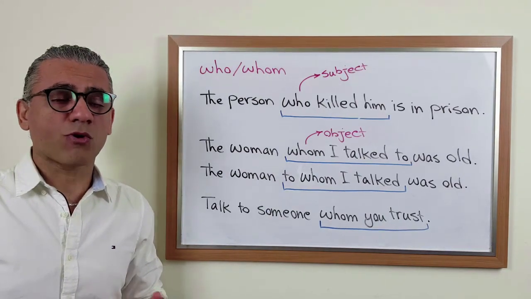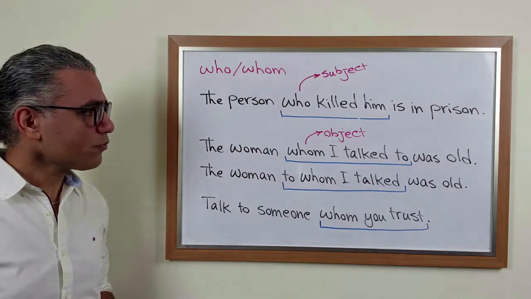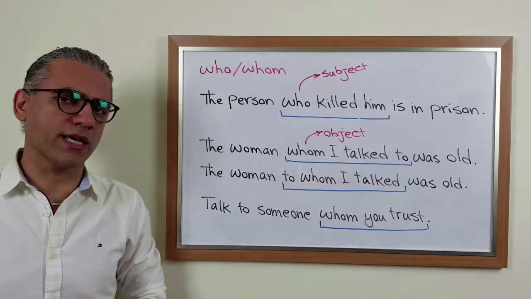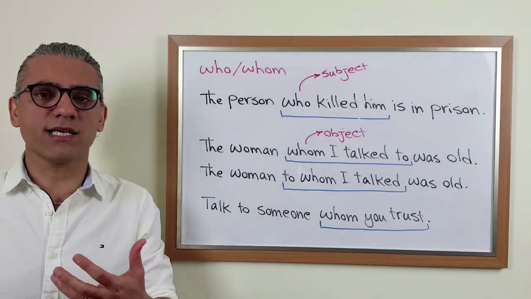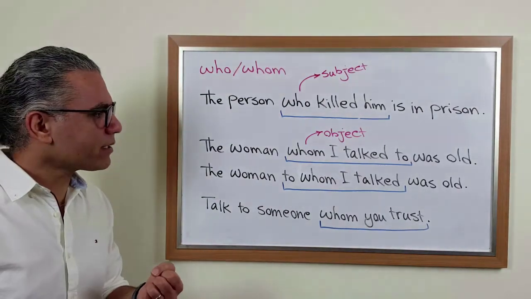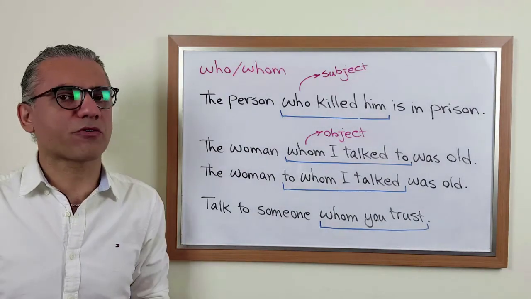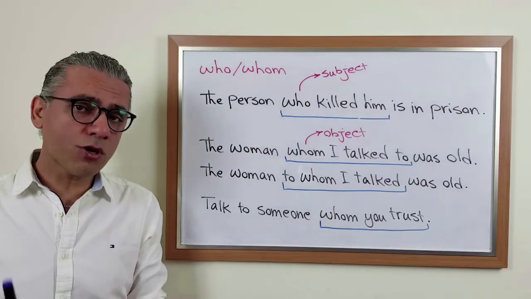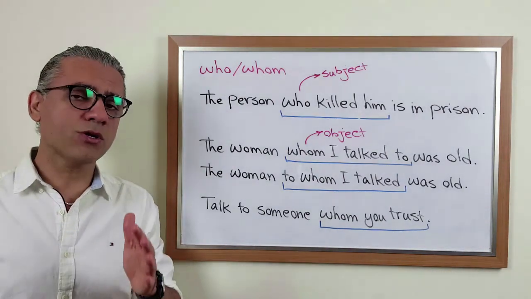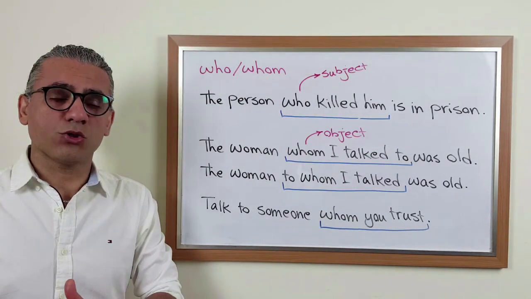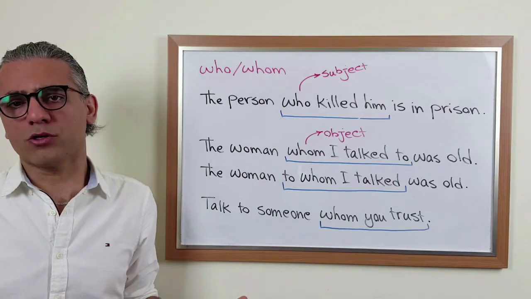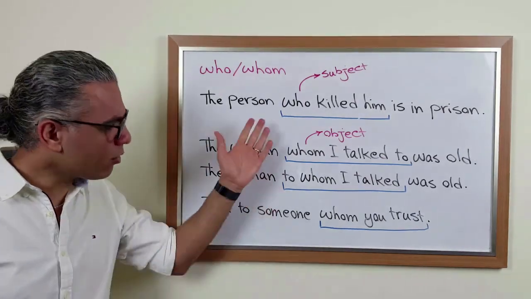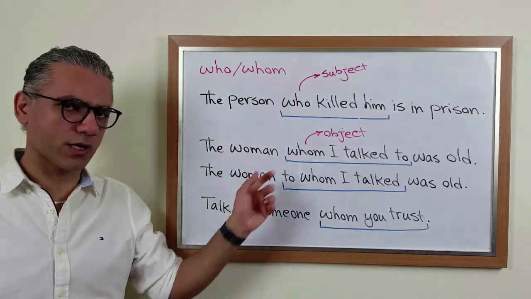For example, when you're writing a formal letter, you'd better use whom instead of who if it is an object. But when you are speaking, the bottom line, you don't have to use whom at all. You could say who all the time in all these structures, except for this one I'll explain.